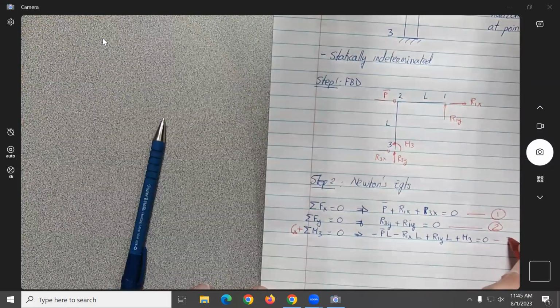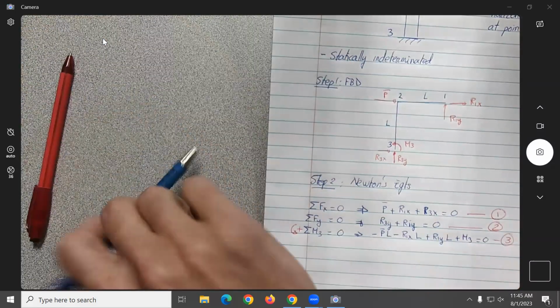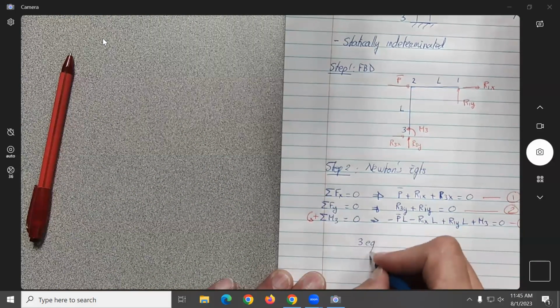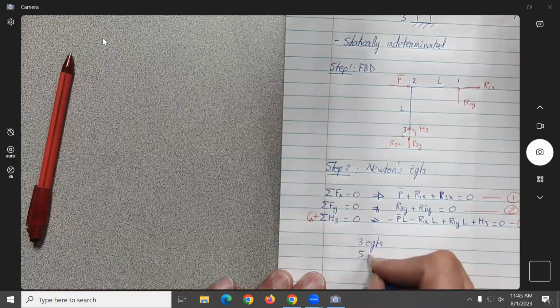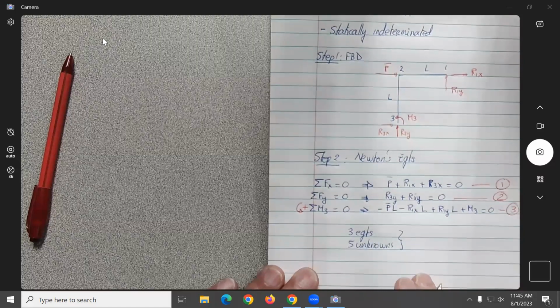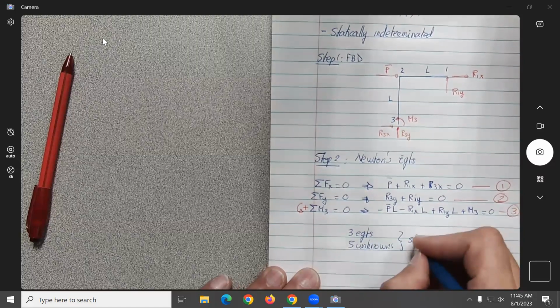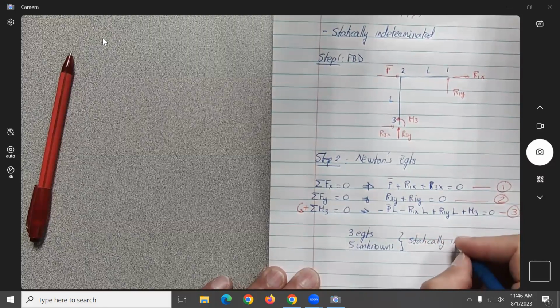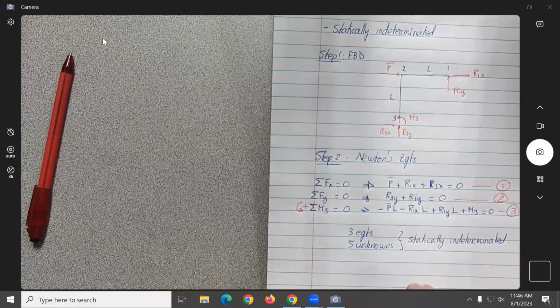So over here, we already did it before, but basically what do we have? Three equations, 5 unknowns. This is the definition of what? Statically indeterminate.